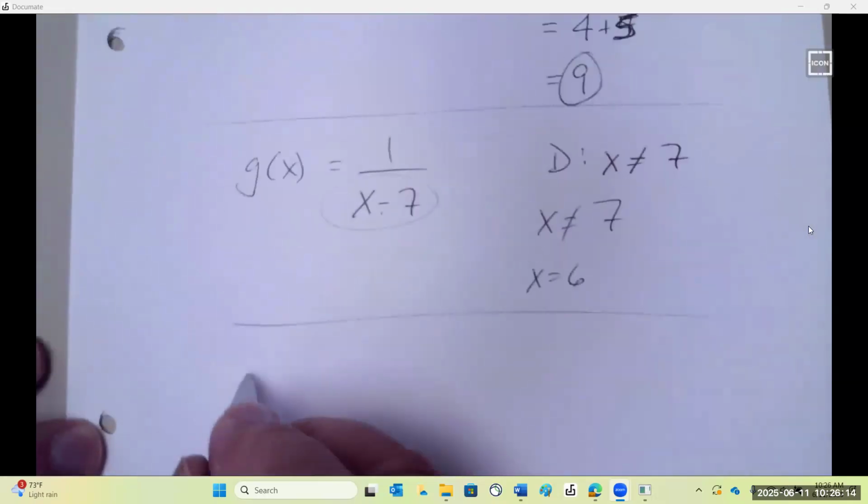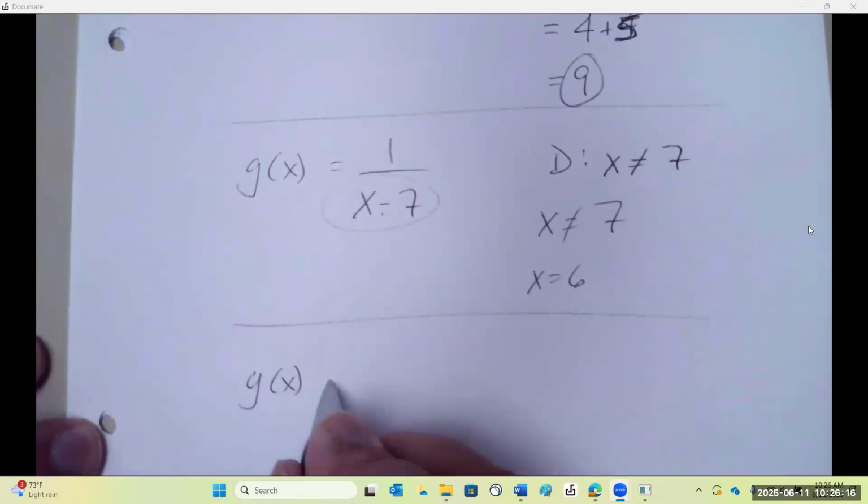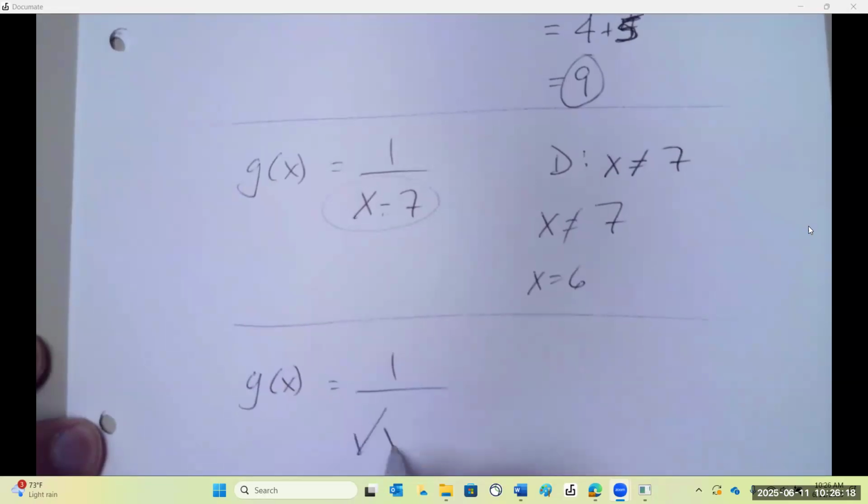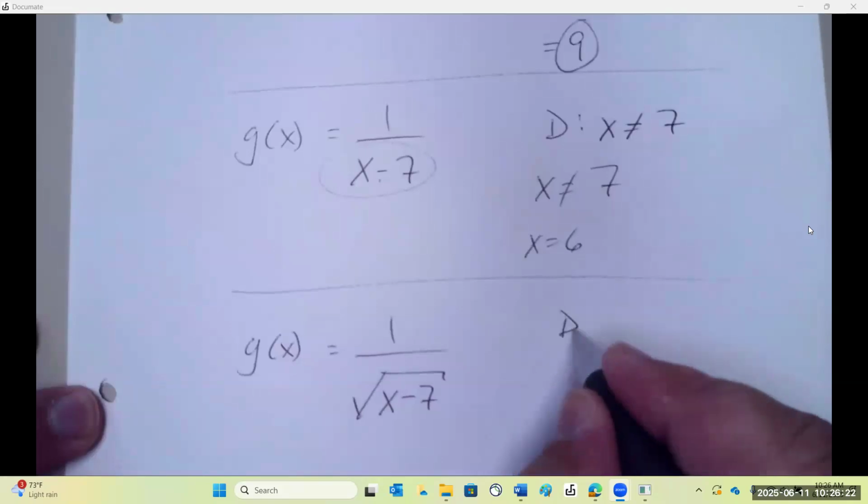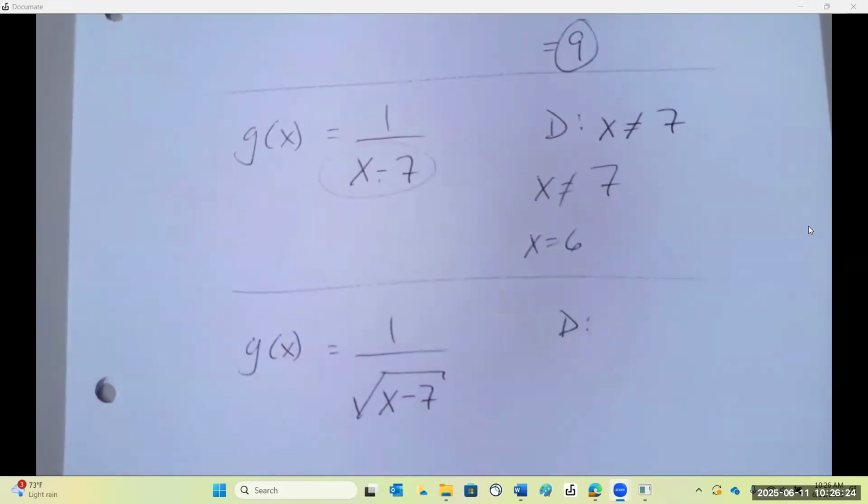What if I gave you this? Now what's my domain? We have a couple of rules now. It cannot be negative inside there. So the smallest it can be is 0.